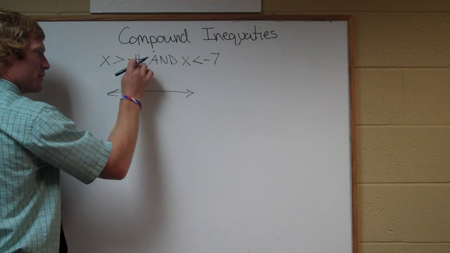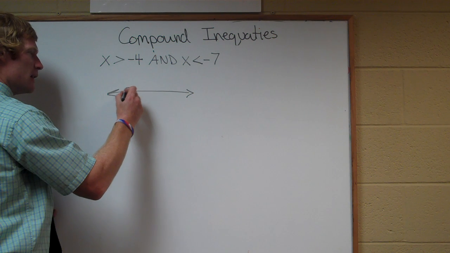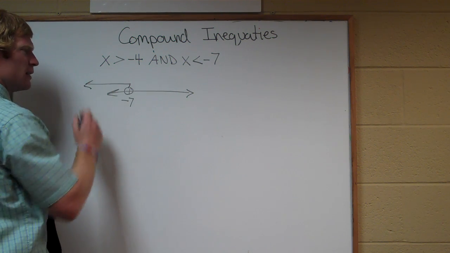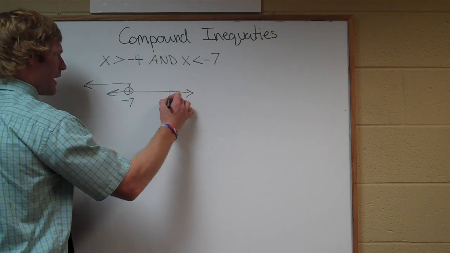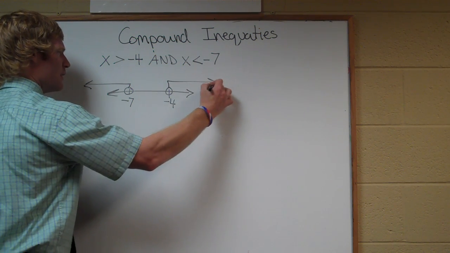So I know -7 is below -4, so x must be less than -7, and x must be greater than -4.